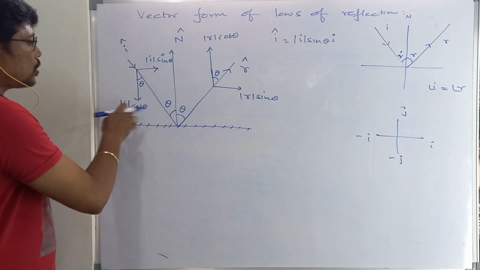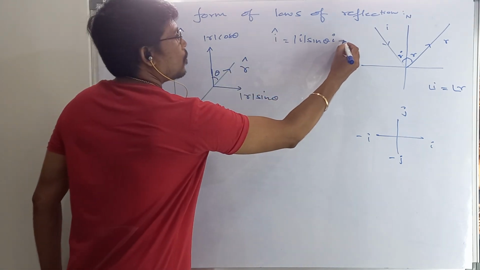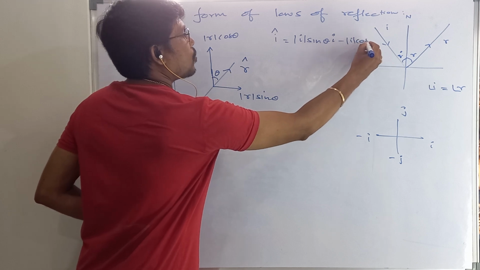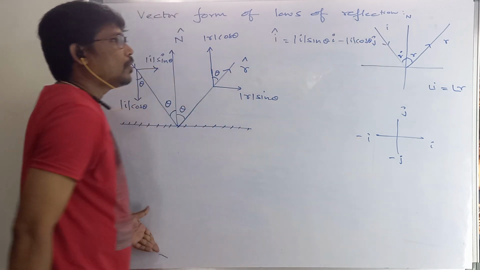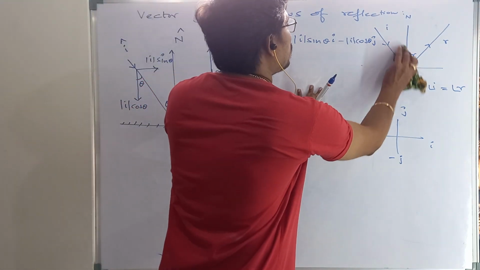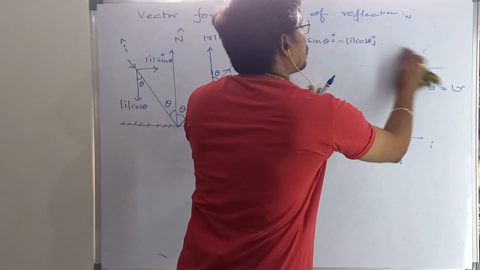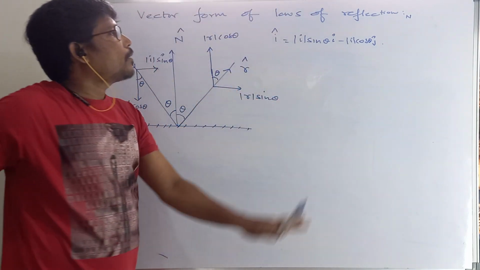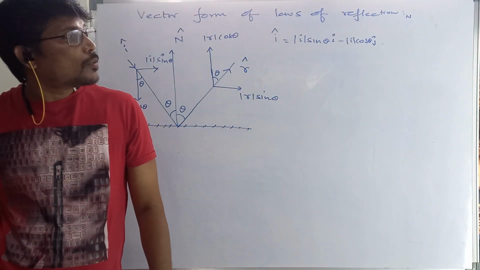So this is down, this is what? Minus I bar cos theta j. You know this. Minus I bar cos theta j.